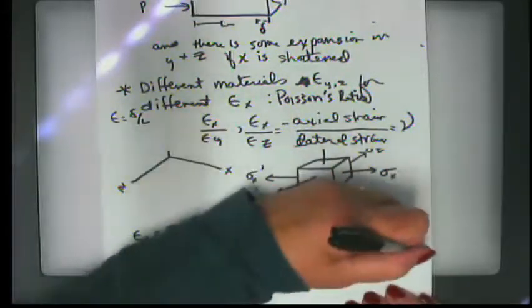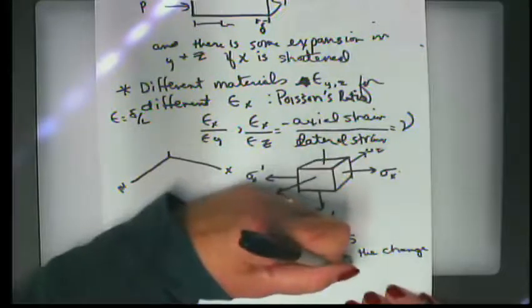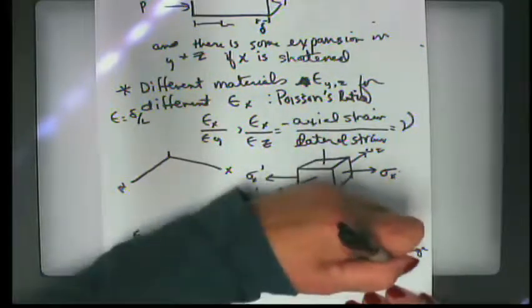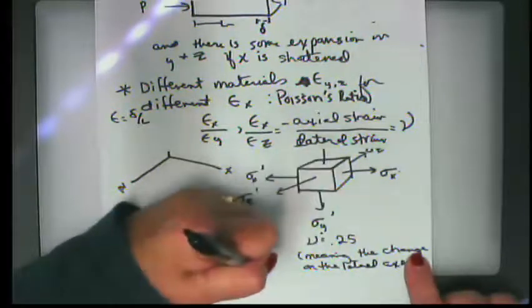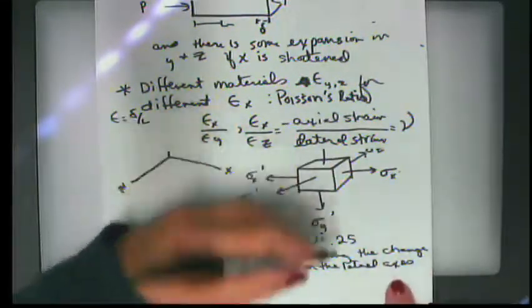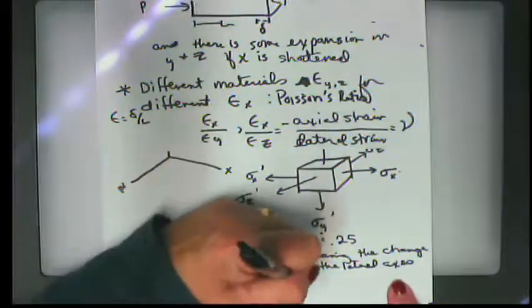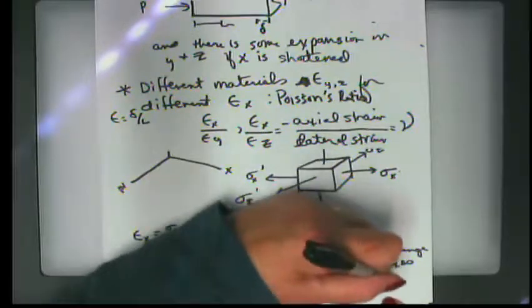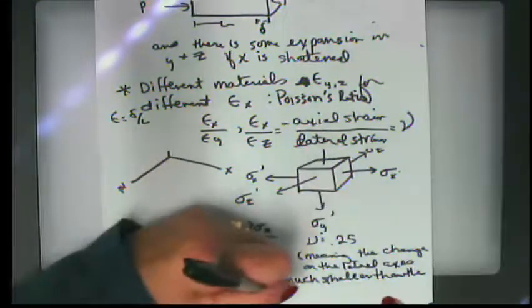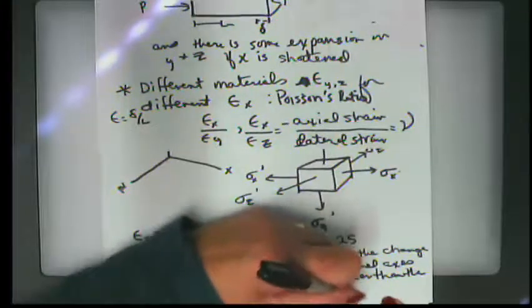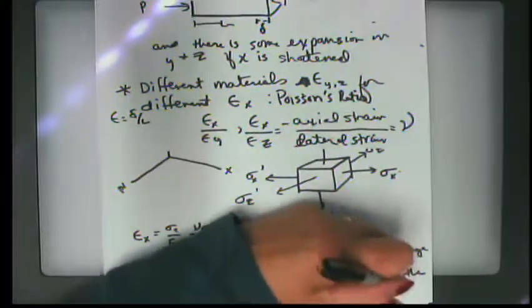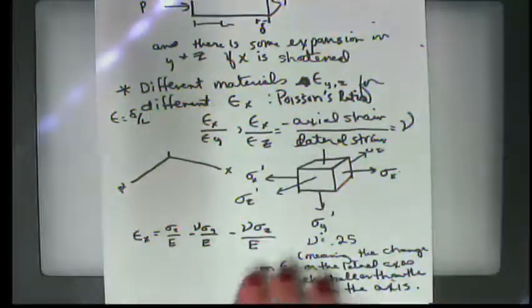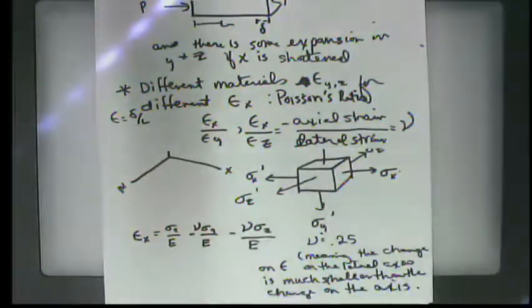In other words, the change of epsilon on the lateral axes is much smaller than the change on the axis itself. So where you're pulling, that's going to cause the most change in length, but there's going to be a small amount based upon what's going on the lateral axes as well.